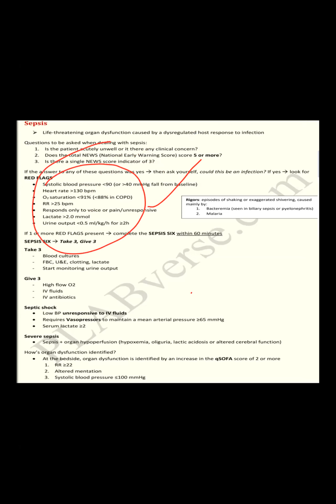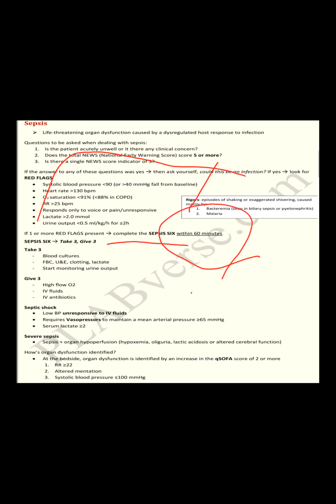So all are red flag signs we have to strongly remember, because these are the red flag signs which go toward septicemia. If there is one or more red flag sign, what is the number here? The red flag sign number here is 7. So if one or more red flag signs, complete Sepsis 6 within 60 minutes.